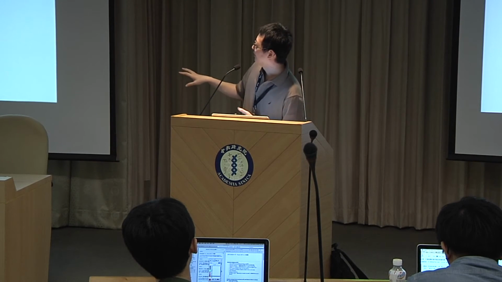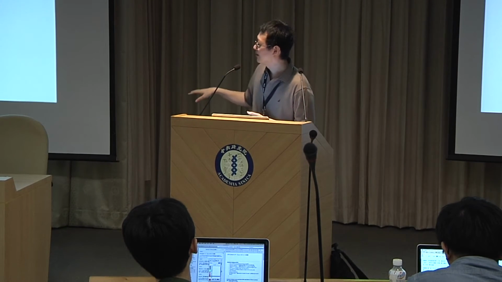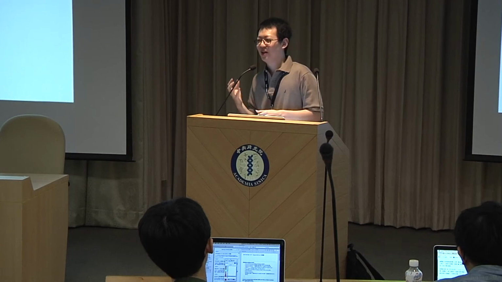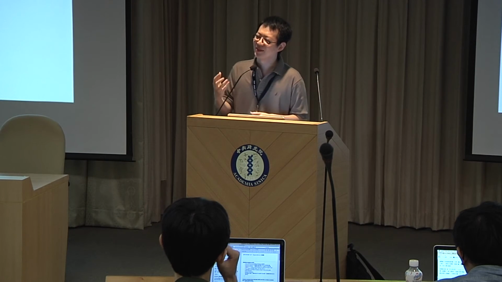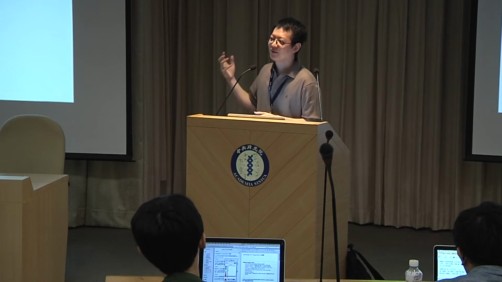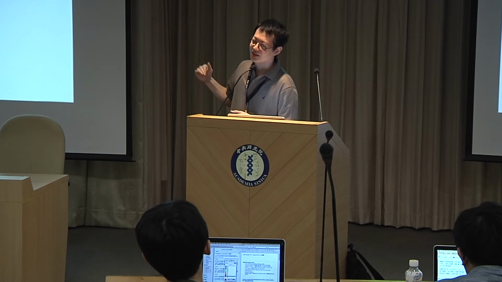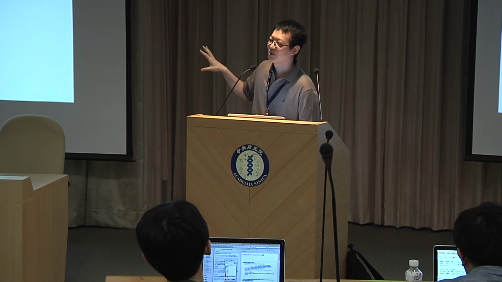The positive and negative labels are given by humans, because machine learning is about helping the machine learn from humans. So you have to give the machine some examples.